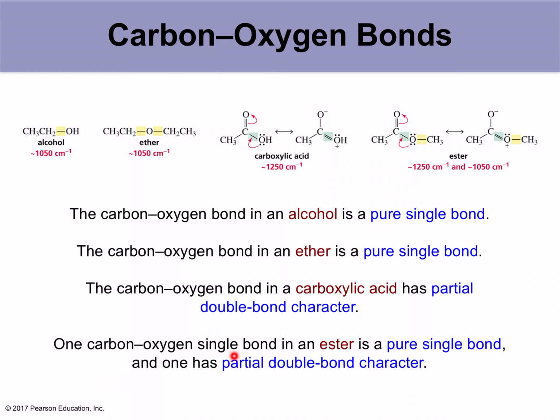One carbon oxygen single bond in an ester is a pure single bond, and one has partial double bond character. Because of the partial double bond character, it has a higher frequency, and then if you measure the frequency of the other one, that would be 1050. Okay.